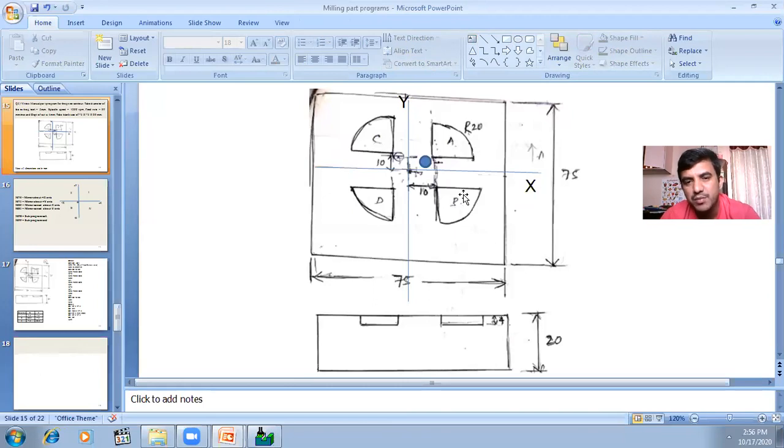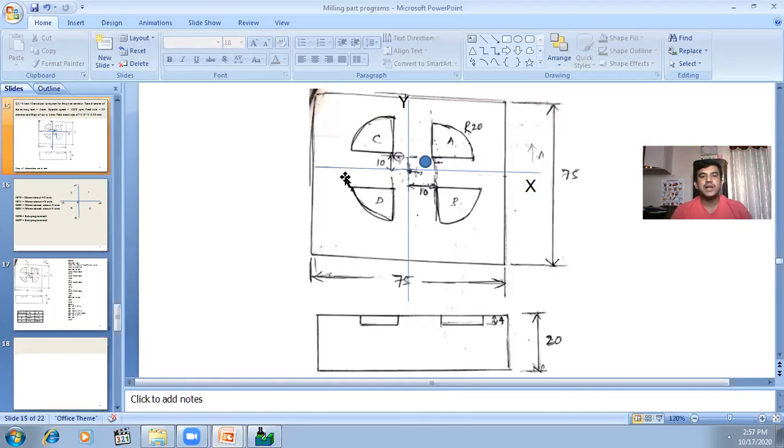Then you go for mirror about the x axis. Now this is the x axis, and this one is the y axis, right? If you just write the program for the first quadrant, that's the A part, then you mirror about the x axis, and you can get this part. Then again mirror about the y axis, and you can get this part, the second quadrant. First quadrant, if you write the program and mirror about x, then you get the fourth quadrant part, that pattern, the shape. Then if you mirror about the y axis, you get the second quadrant. Similarly, if you mirror about both x and y axis, you'll get the third quadrant pattern.